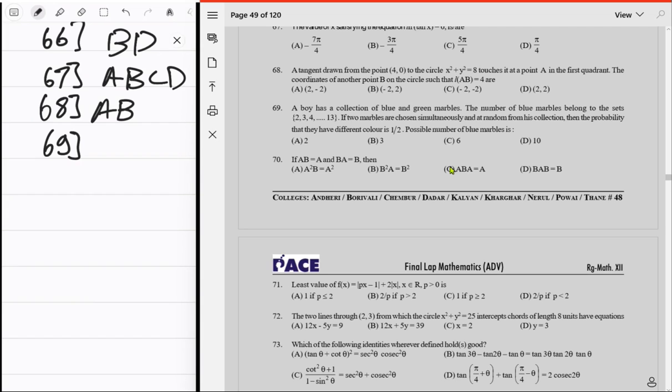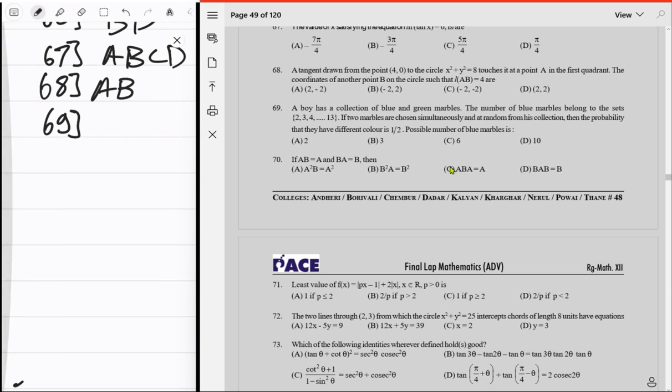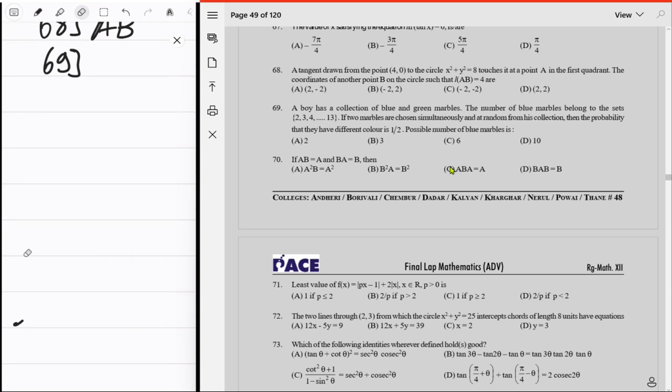The two marbles are chosen simultaneously and at random from his collection. Some are blue marbles and some are green marbles. The probability that they have different colors is 1 upon 2. Say there are B blue marbles and G green marbles.